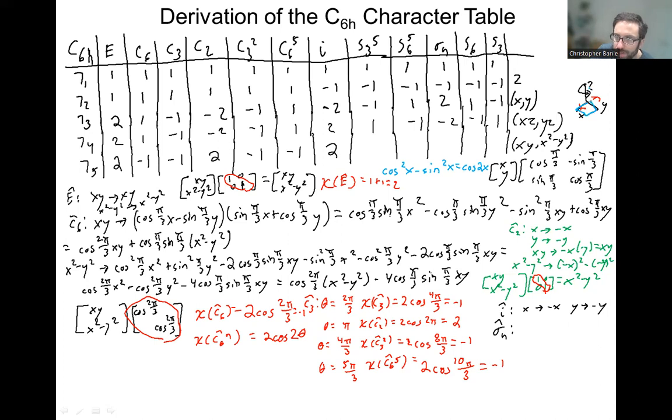It's perpendicular to the principal rotation axis. So x and y vectors don't do anything. So x goes to x, they stay the same, and y goes to y. And so this is also going to get you the identity matrix, okay? Because they went to themselves. So that's going to get you 2 here.